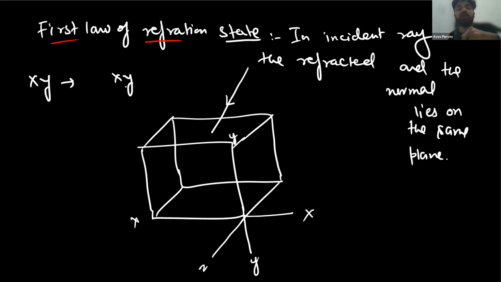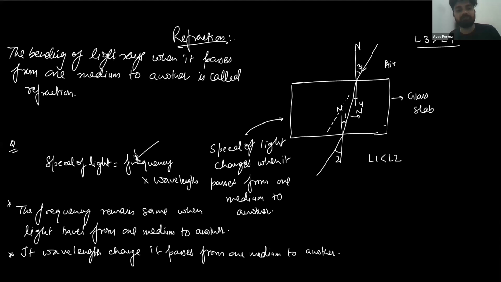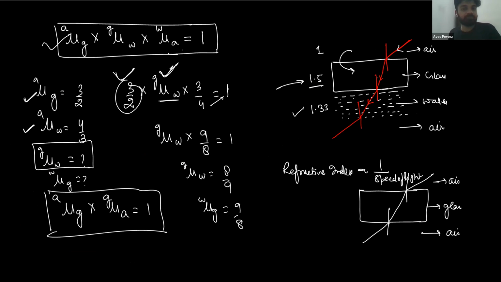If a ray is traveling in the xy plane, then if it bends, it will bend in the xy plane. Suppose this is the screen I am having, and a ray is touching it.